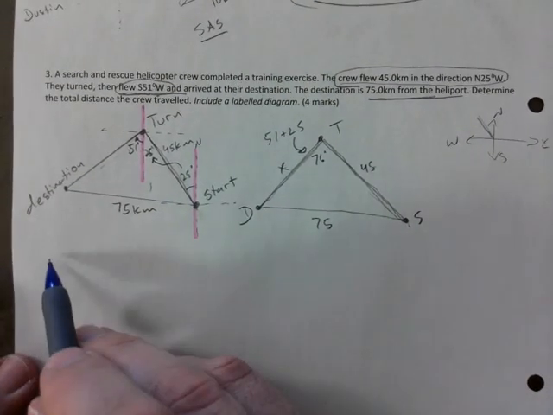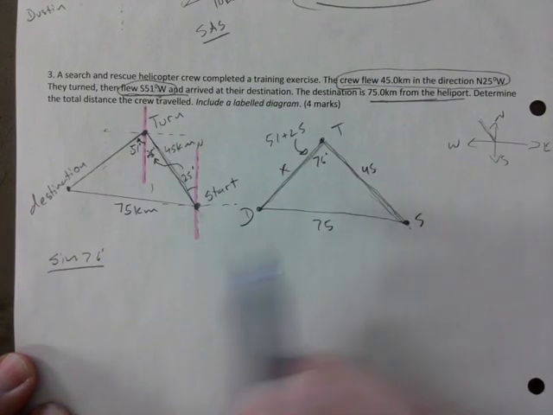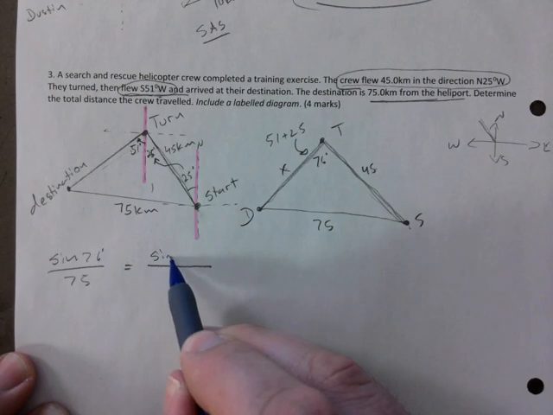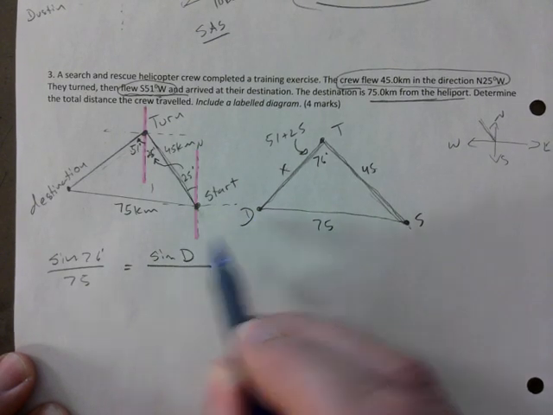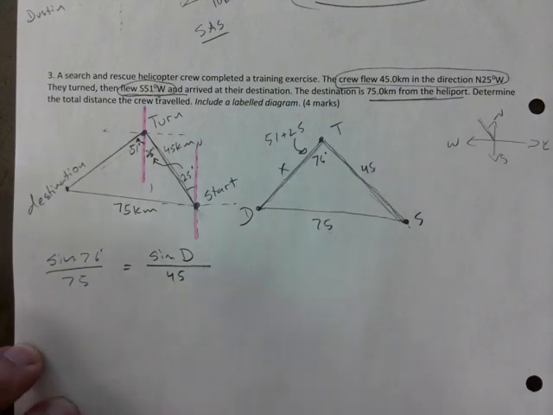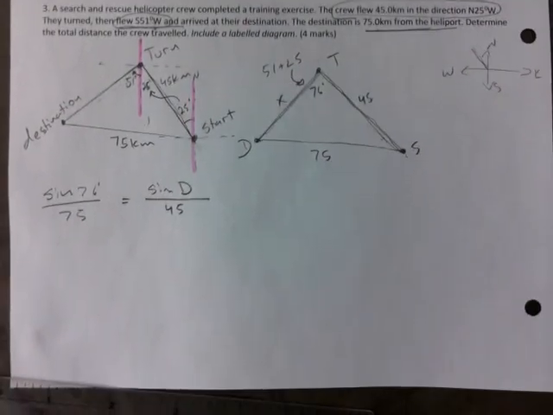Okay. So we go sine of 76, because it's a pair, over 75, and that would be sine of d. That's all you can do, solve for d first and foremost. You can't jump to x right away because you don't know this angle. So go ahead and find d.